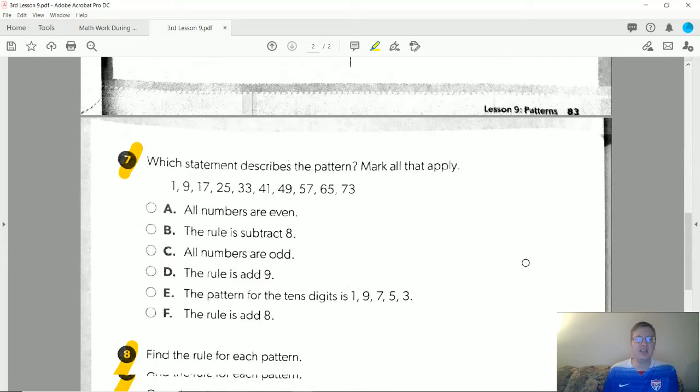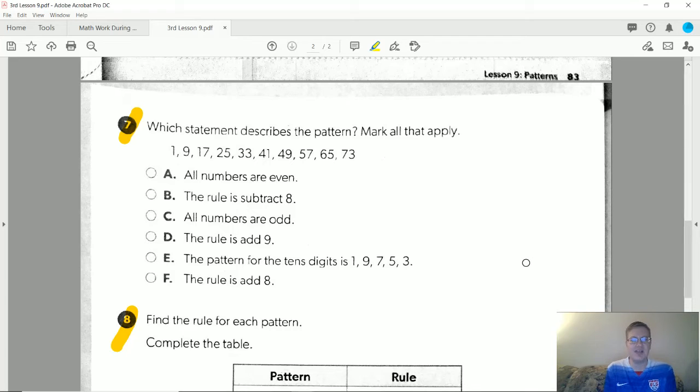Number 7, which statement correctly describes the pattern? So we are going to have odd numbers, so that goes with letter C, which means we're not using letter A. We are actually getting larger, so we're not subtracting. The rule is not add 9, it is add 8.